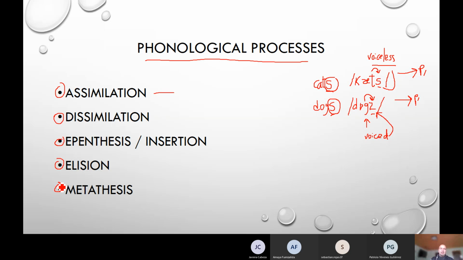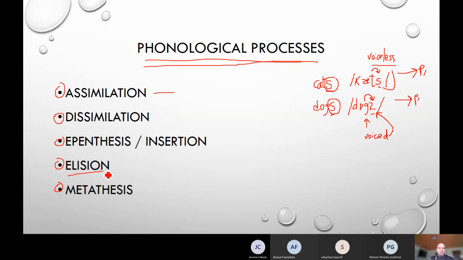To recap, assimilation is one of the phonological processes that take place in English. Why is it important to be familiar with the features of connected speech or with these phonological processes? Basically, because it helps us to understand speakers of English, because sounds change, right?